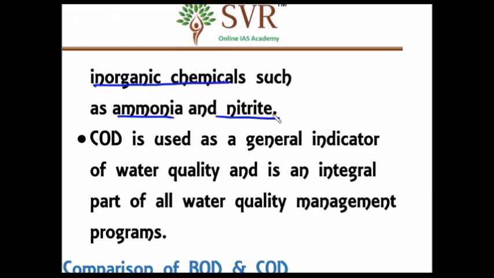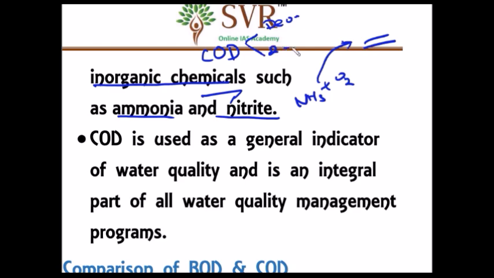Ammonia and nitrates are formed during the decomposition. So these nitrates and ammonium will take oxygen and become further compounds. So the chemical oxygen demand measures oxygen required for decomposition and oxygen required for oxidation of the inorganic chemicals. The second point, the oxidation of inorganic chemicals, differentiates COD from BOD.